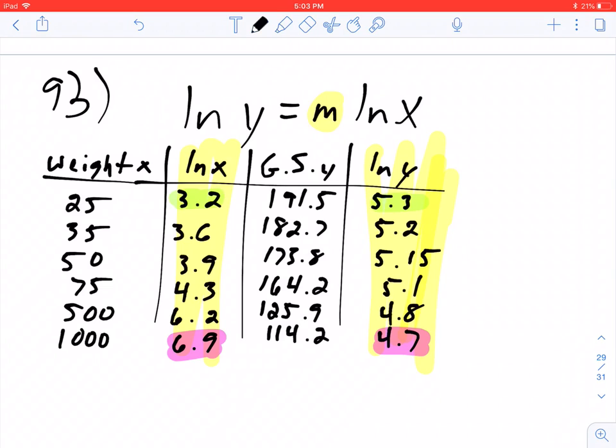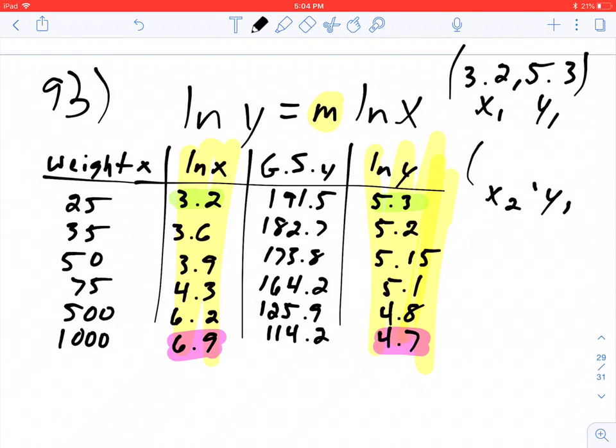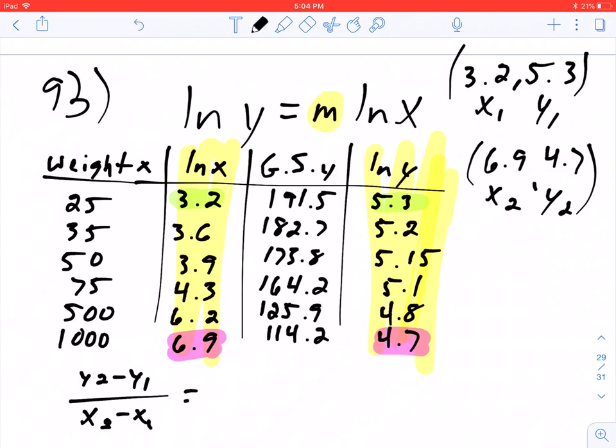Okay, so the two ordered pairs we have are 3.2, comma 5.3. That's my x1 and my y1. And then my x2 and my y2 are going to be 6.9 and 4.7. And so now we're going to do y2 minus y1 over x2 minus x1.